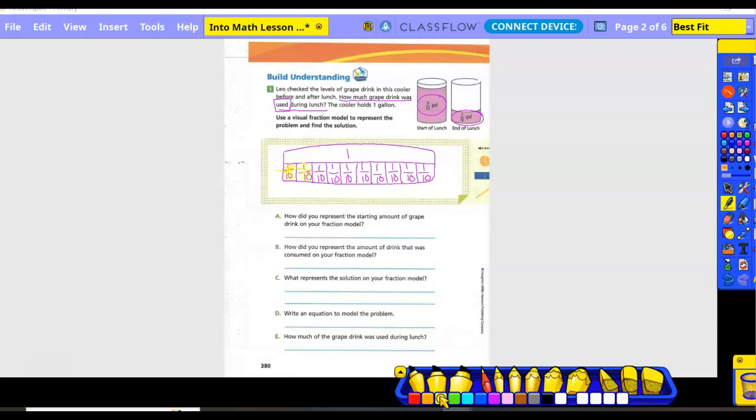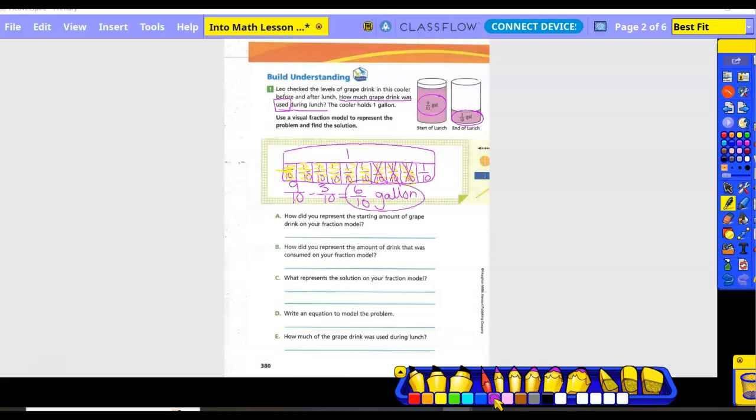So I'm going to do 9 1/10. And then after lunch, what was left in there, guys? 3/10. So I need to mark off 3/10, right? So if I were to write an equation, 9/10 minus 3/10, what does that get me? 6/10. So 6/10 of a gallon.